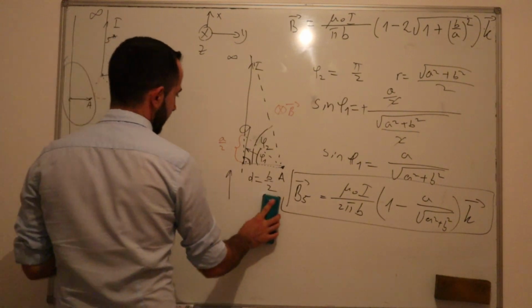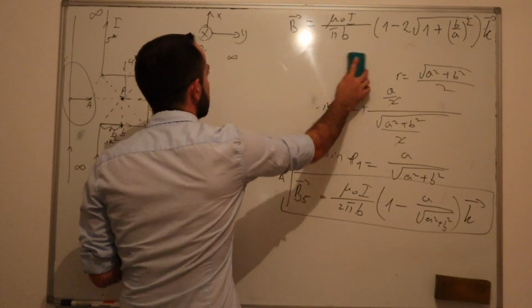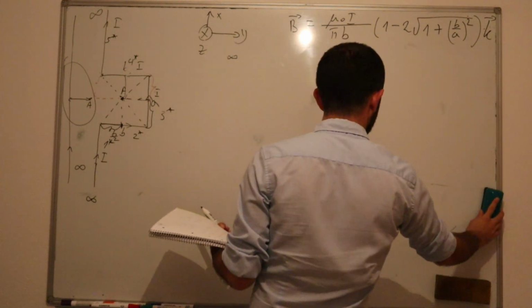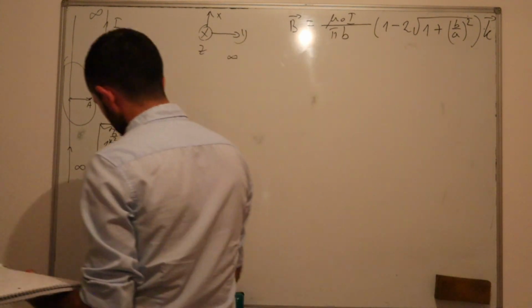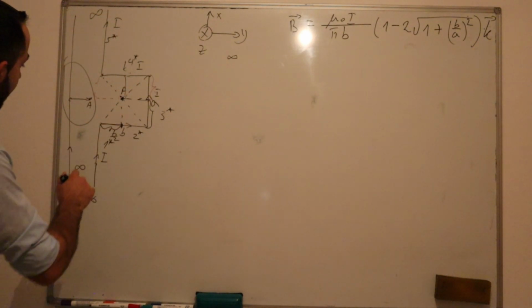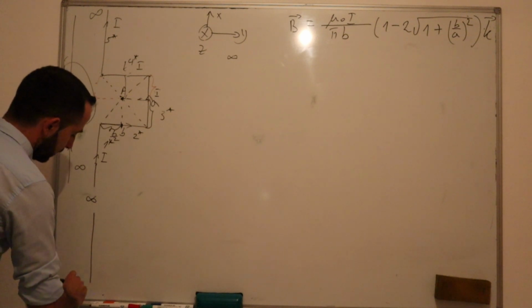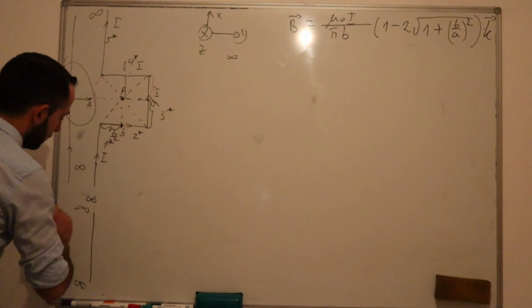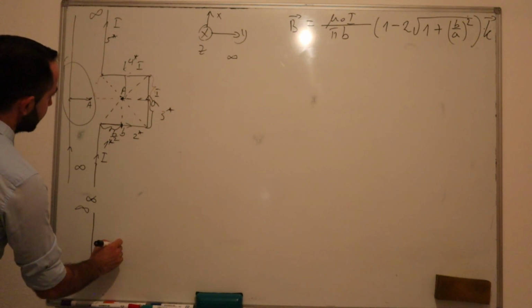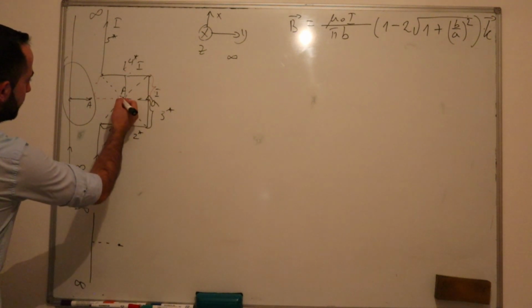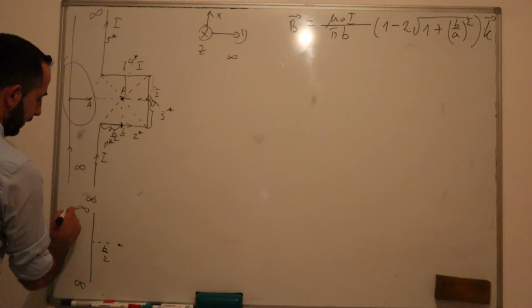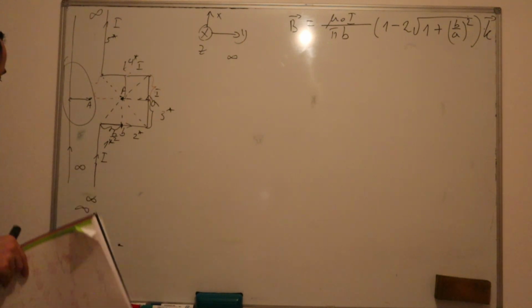But now let's analyze the second part. The second part says, let me have the same conductor but without bending. So the point is at the same distance, b and a half, infinitely long, and only straight.